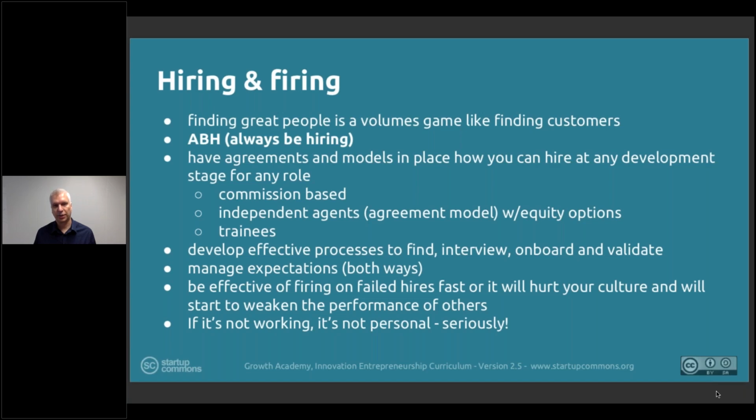So also be effective in firing or ending the agreements on failed hires fast, specifically if it starts to hurt the culture, or doesn't work with the organization, the other people, or the chemistry between people, whatever that may be. Definitely what you don't want is that any new person coming in also starts to weaken the performance of the others already effectively executing in their work.